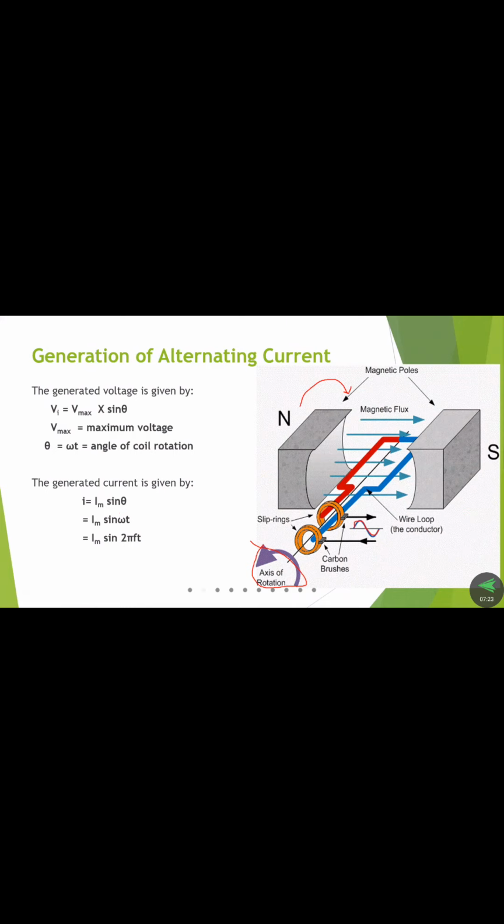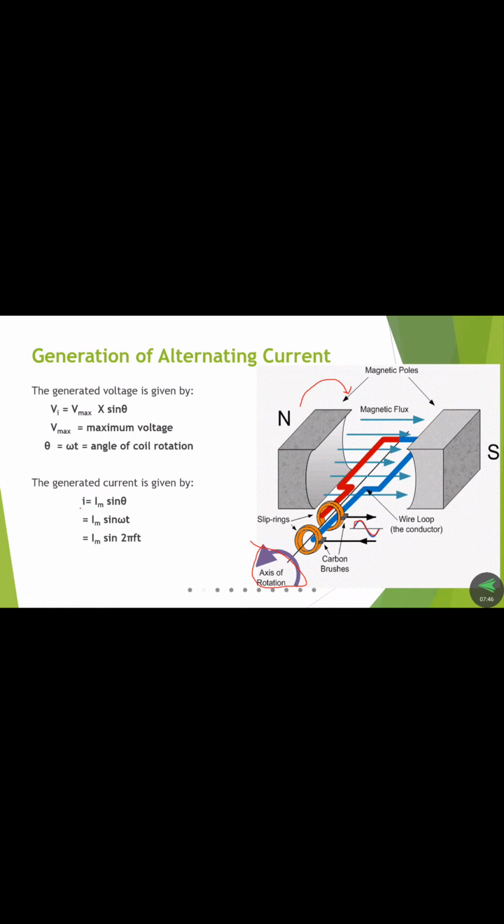So this is the phenomenon followed for producing alternating current. Generally we use the formulas. V is equal to Vmax sin theta, where theta is omega t. Omega t is called the angle of coil rotation, and Vmax is the maximum voltage, which is produced at 90 degrees. We discussed this yesterday.